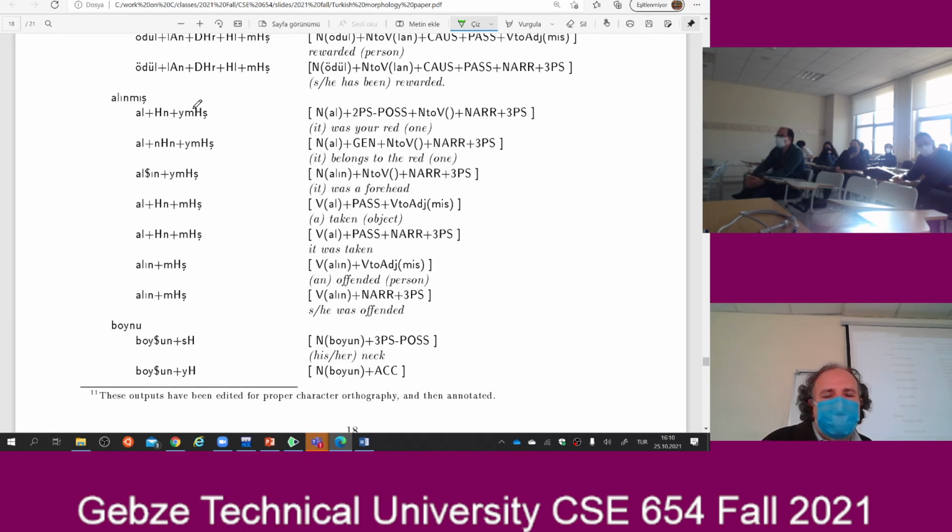When you say alınmış, which one do I mean out of these 7 different parses? That's where we are going to need artificial intelligence, and that's why we are going to look at the context of the word. I mean, the important thing is the sentence itself.